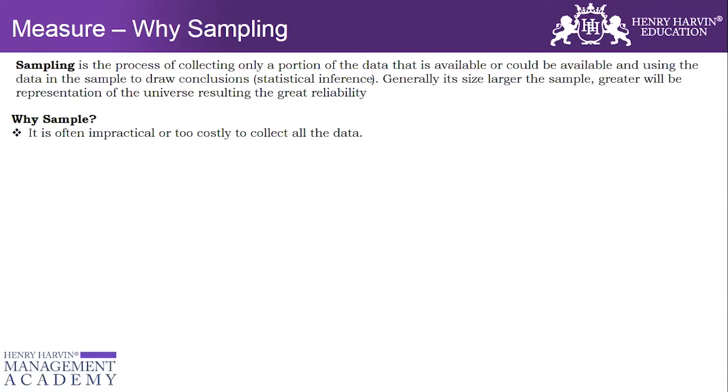So let's understand why sampling is required first. As I said, it's often impractical or too costly to collect all the data. Sound conclusions can often be made from a relatively small amount of data, so we don't have to come up with each and everything.